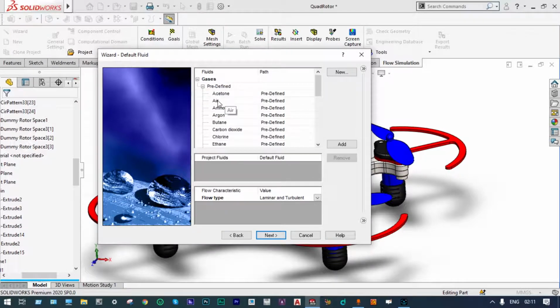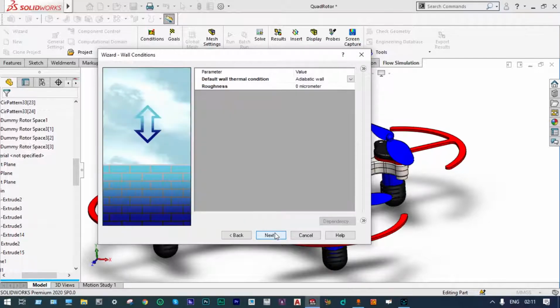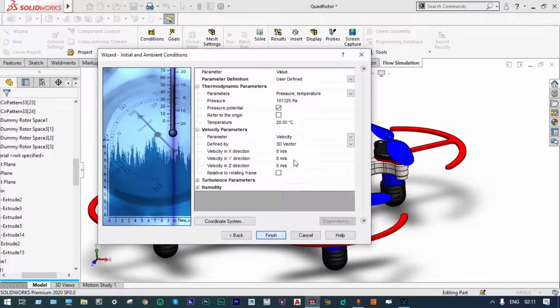Next, gases, we are considering air as the gas, and in this case we are considering humidity also, and we want humidity to be 60%. Next, default wall thermal conditions and roughness we are considering. For thermodynamic parameters, temperature will be 20 degrees centigrade, though it does not have that much effect. We are setting this as 20 degrees centigrade.